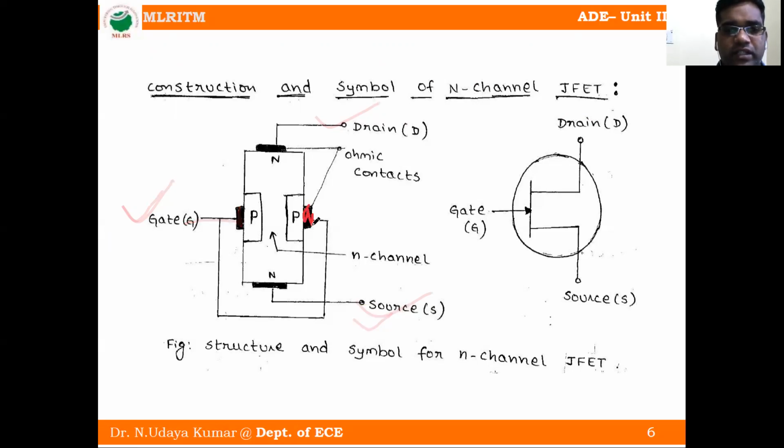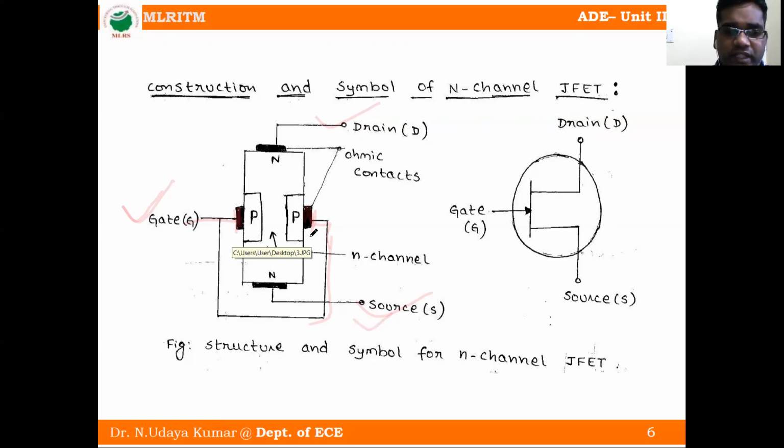This black dot is the source terminal. The gate is a P-type material.